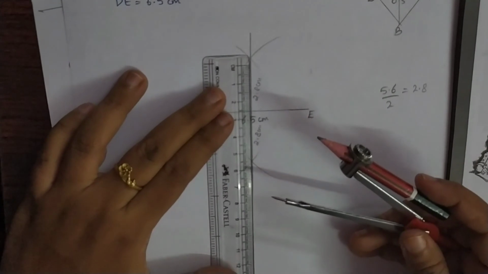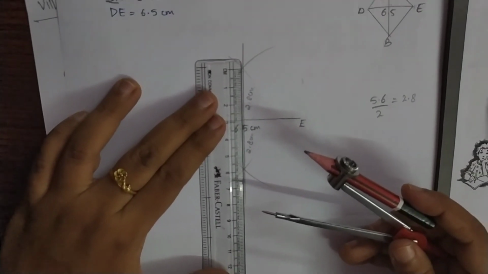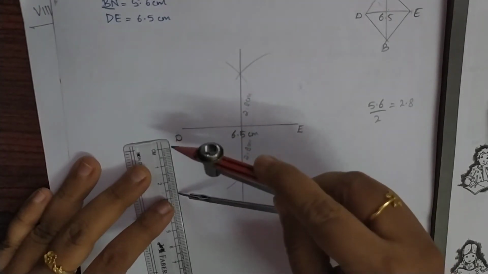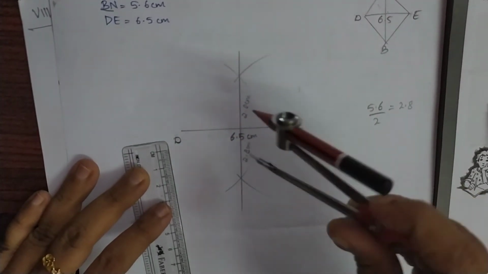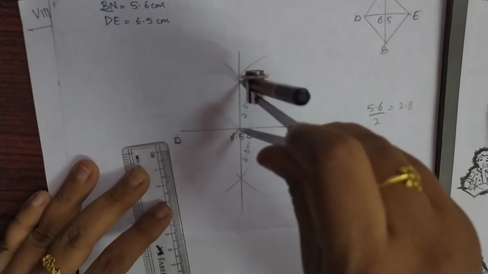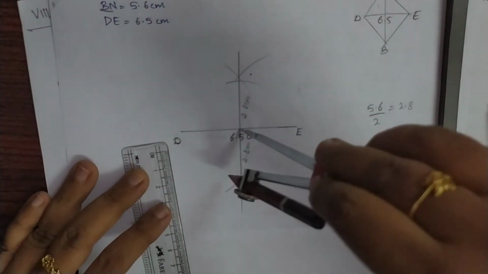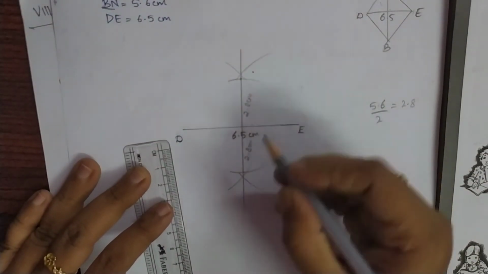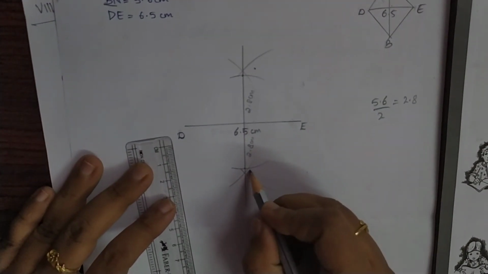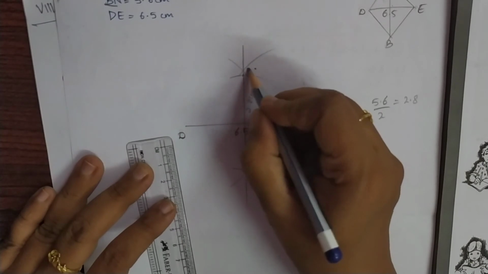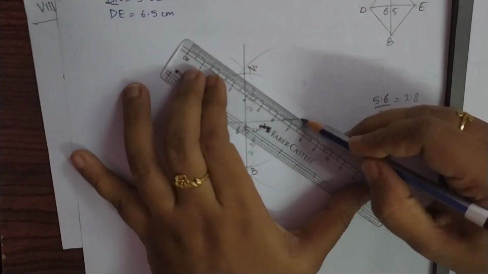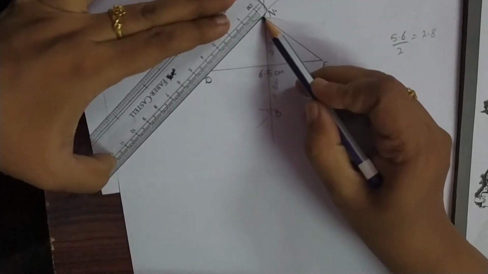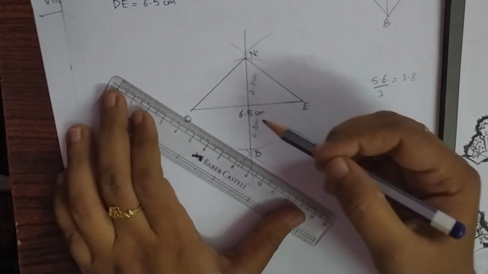Take your compass, measure 2.8 centimeters, and from the center cut on this line 2.8 centimeters each side. These are the required points of our diagonal BN. Now join these points with the other points to make the rhombus BEND.